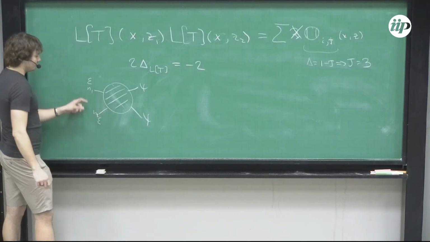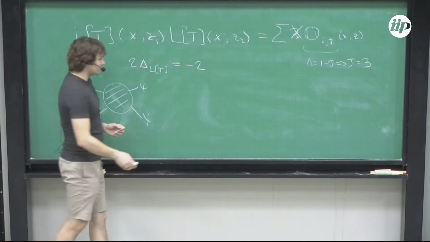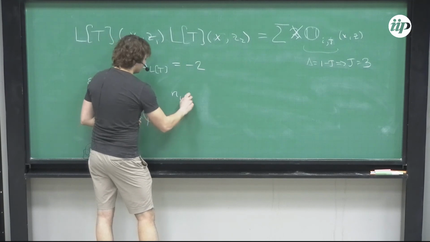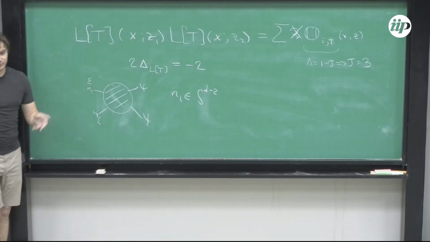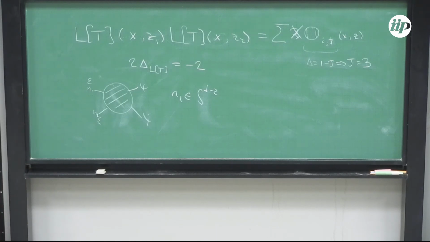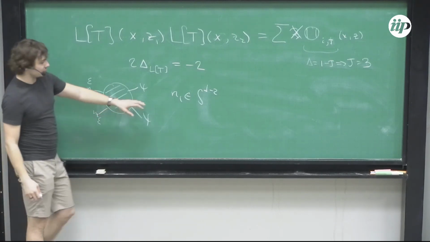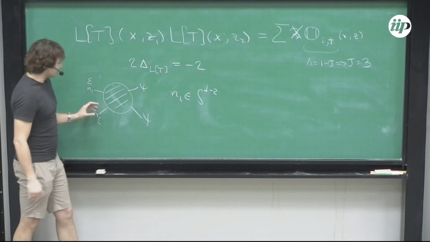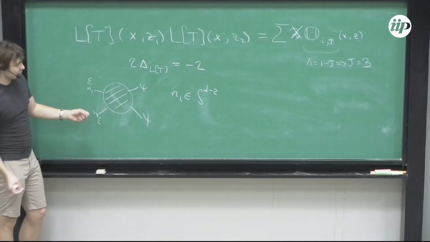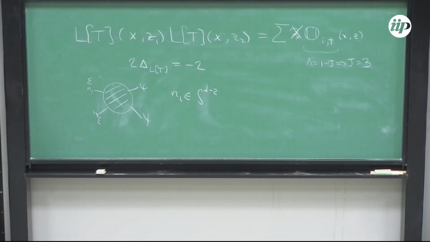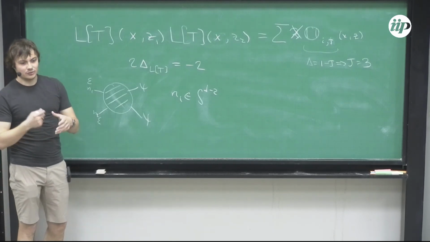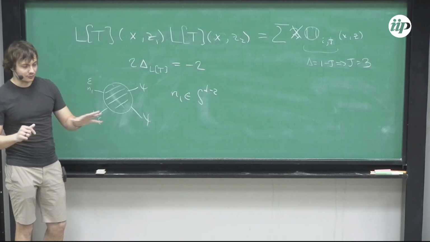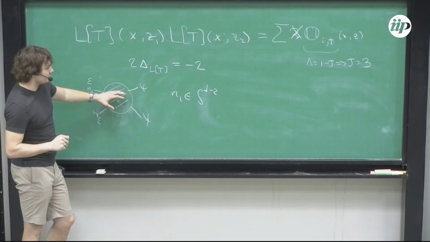So n1 and n2 live on the d-2 dimensional celestial sphere. The Lorentz group acts as a conformal group on the sphere. So from the point of view of n1 and n2, you just have some non-conformally invariant two-point function on the celestial sphere, and there is an action of the conformal group on the sphere. And this conformal group is just the Lorentz group of the full theory.